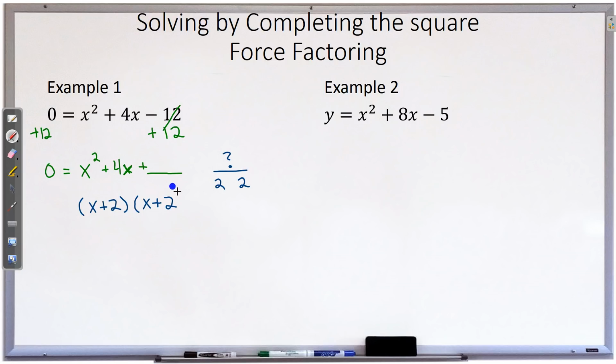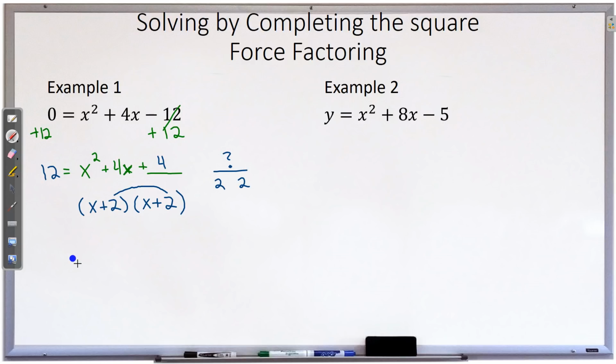Well, then we got to think, if that's the way I'm factoring it, this blue part is not the same as this green part. If I FOIL this out, yes, you get x squared plus 4x, but the 2 times the 2 means that this was a 4. Oops, I saw a couple mistakes here, my bad. That's not a 0. 0 plus 12 is 12.